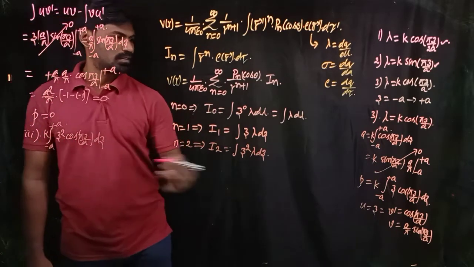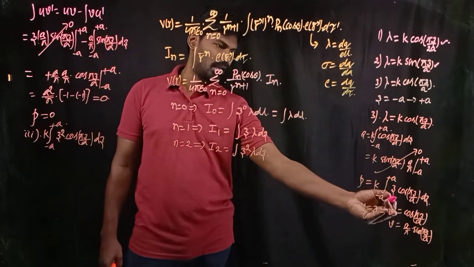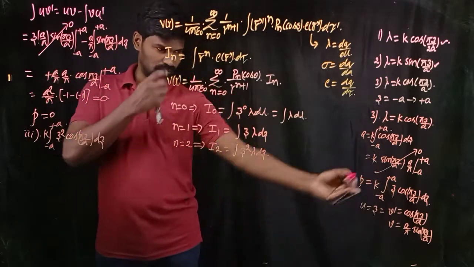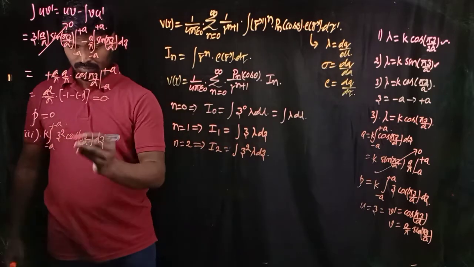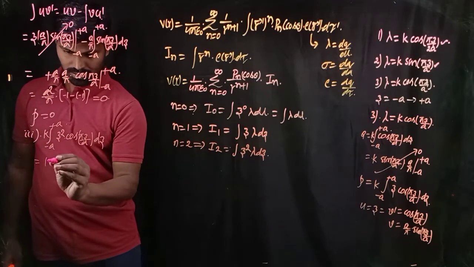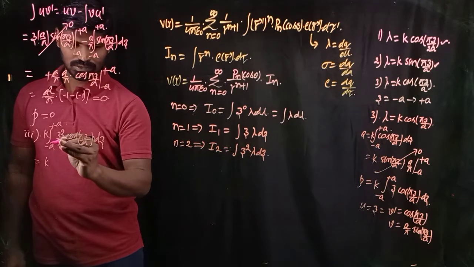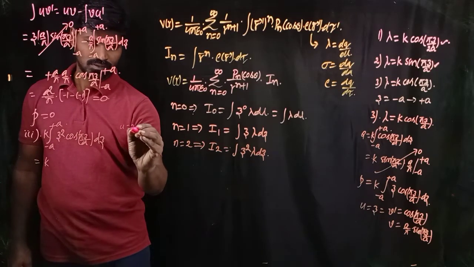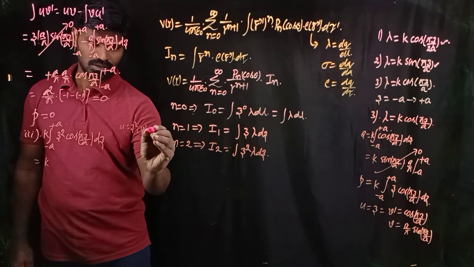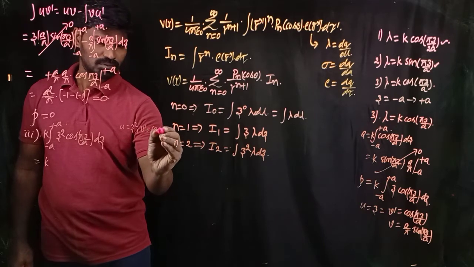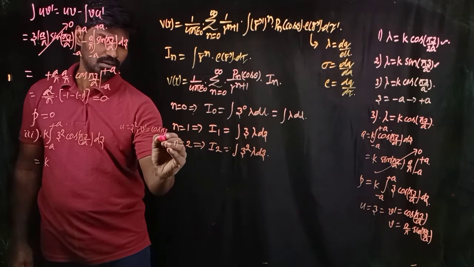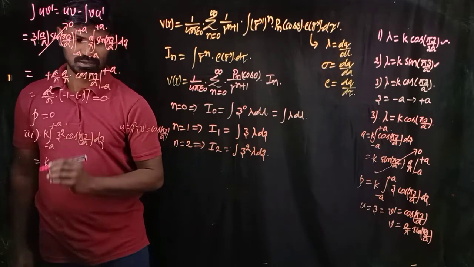To carry out this process, again I should repeatedly apply this same formula. That is equal to k into, first I should write down u into v. Here u is z square and v dash is cos(pi z divided by a).